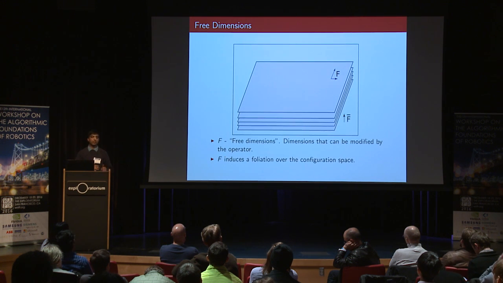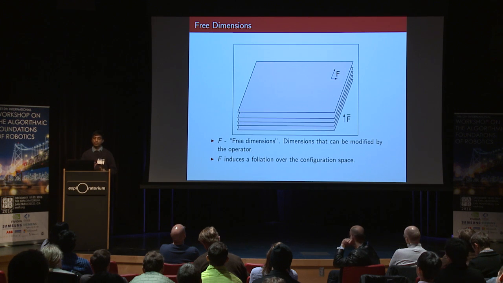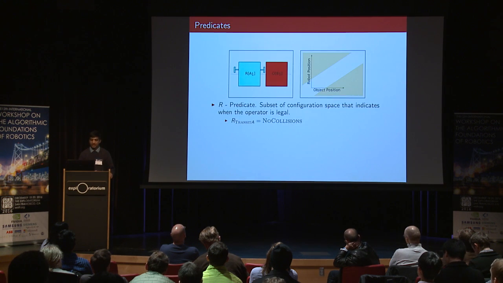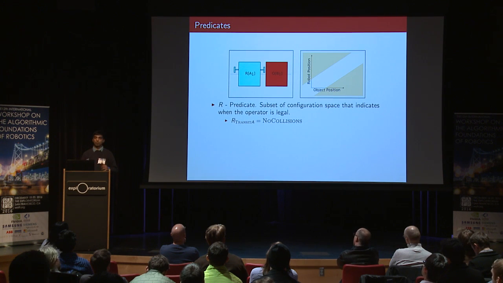And so this induces a foliation over the configuration space in which each leaf of the foliation corresponds to a maximal potential reachability set for an instance of an operator. In addition, every operator has a predicate, and the predicate specifies when the operator is legal. So for a transit operation, we just don't want any robots, objects, and obstacles to collide with each other.